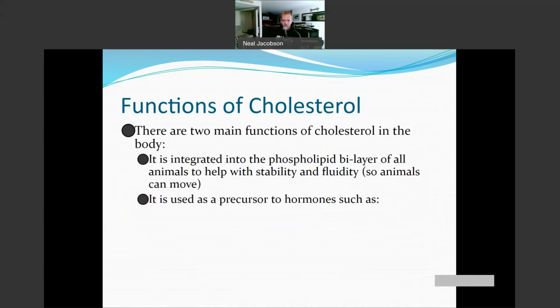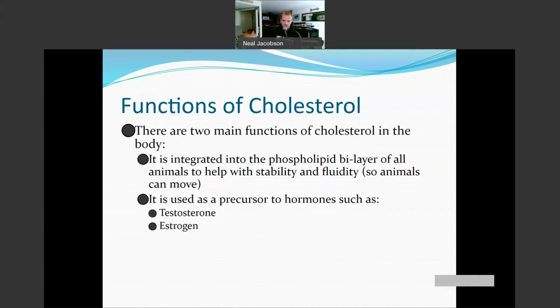So these lipid-based hormones made from cholesterol can just dissolve right through cell membranes, right through the nucleus, and go right to the DNA and start switching on your genes. This might look familiar: testosterone, estrogen. These are hormones of endocrine development, hormones of maturation. These are hormones that directly impact the DNA.